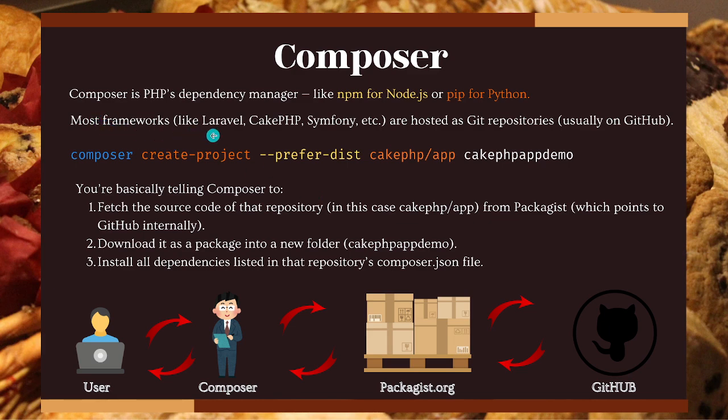In most frameworks, Laravel, CakePHP, all of these frameworks are posted on Git repositories, usually on GitHub. Let's try to explain it more deeply. Have you ever thought, whenever you run the command, where your project structure comes from?